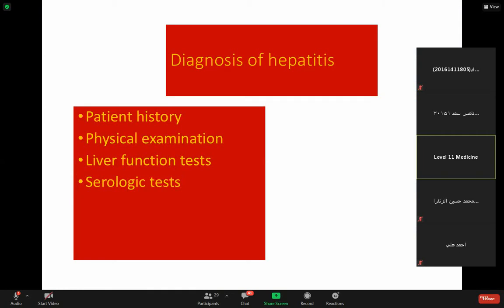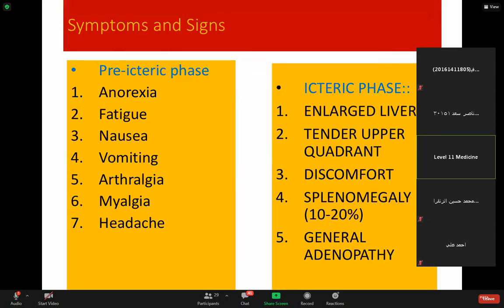Okay, so how to diagnose hepatitis? Well, patient history also always being suggestive. Physical examination, liver function test, as well as serological tests. So what are the symptoms or the signs may suggest a state of hepatitis?